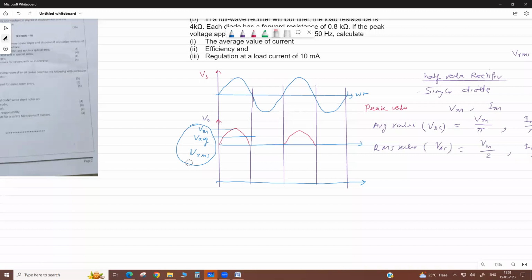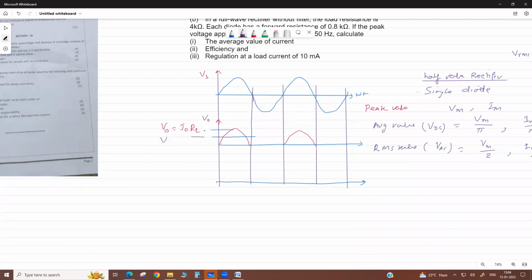Same for current. Now you know V equals, actually, load current, the output current, into load resistance. Across the load we measure this. If it is VDC, the output DC voltage, it means the average value.